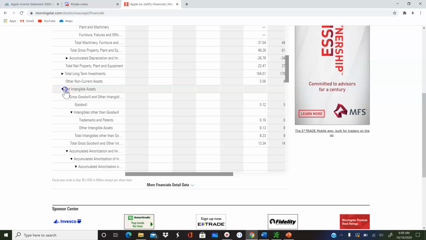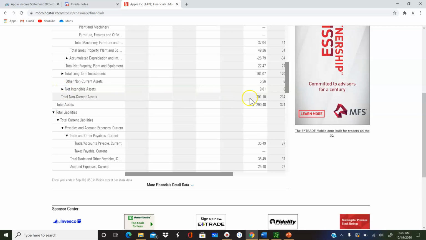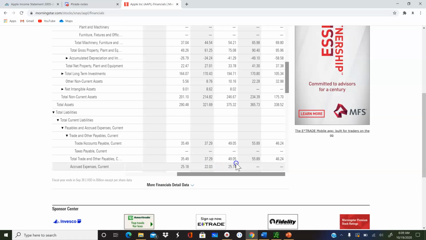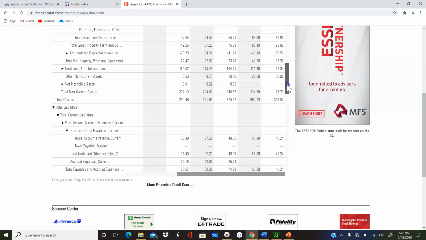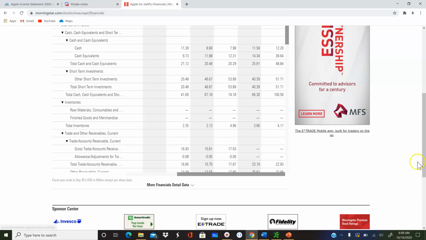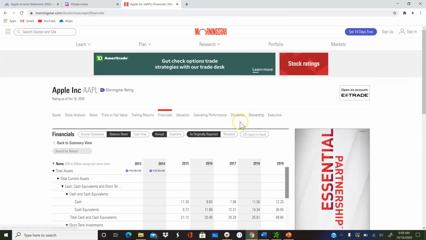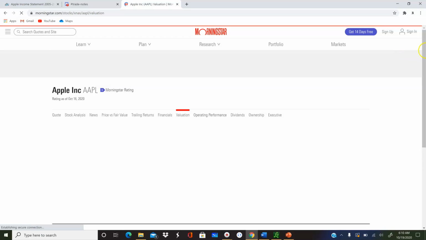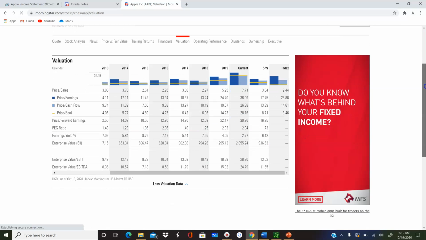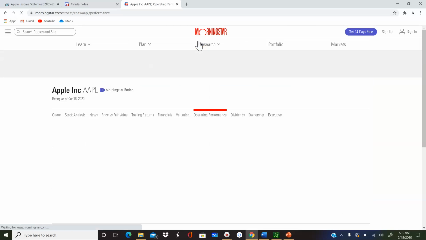Okay, so your total assets right here, this line item. Your total assets are going to be your current plus your non-current, like I said, and you want to divide that into your net sales. Usually your total asset turnover ratio is not going to be a big number, generally speaking, because a lot of these companies have lots and lots of assets at their disposal.